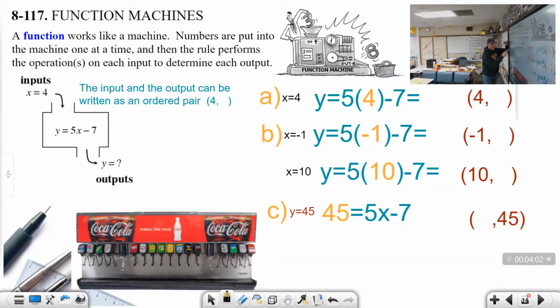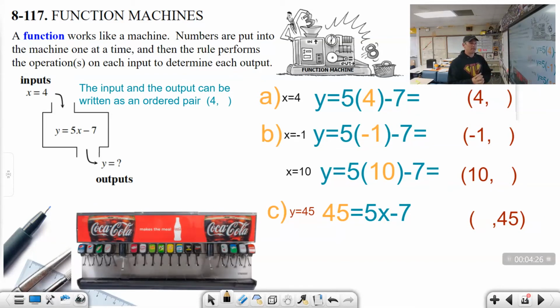The 4 goes in, it goes through the machine, and it puts out the grade. Notice, if you think about this like the soda machine, right? Like they've got all these dispensaries, and when you push on the Dr. Pepper, you're going to get Dr. Pepper, right? That's a function. When you push on that machine, you expect to get Dr. Pepper out. But that's assuming that everything is hooked up correctly.